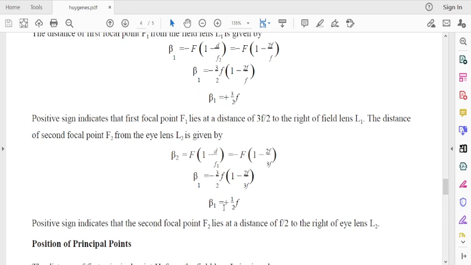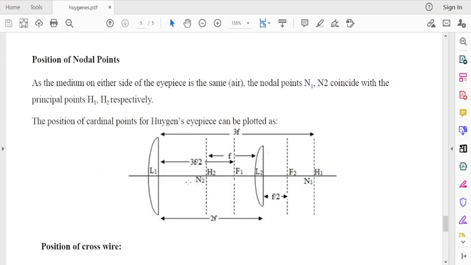Second focal point is again f by 2, with a positive sign here, therefore the second focal point lies at a distance f by 2 to the right of lens L2. This is the lens L2, and to the right of it is a point at a distance f by 2.